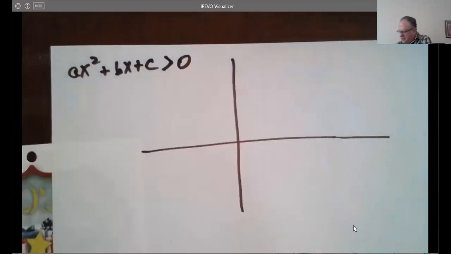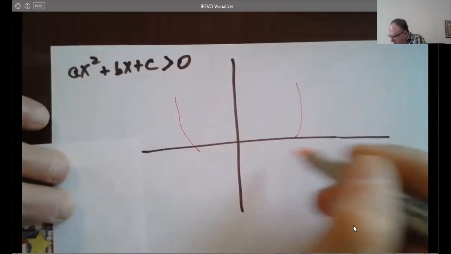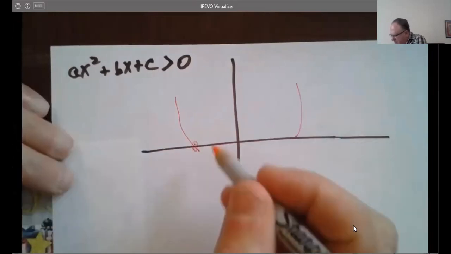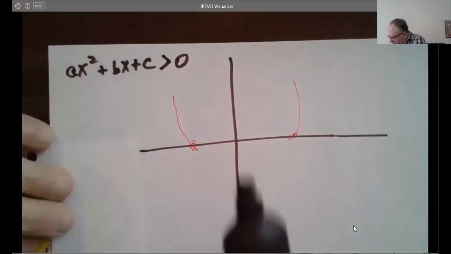Then we're looking at everything that's above, that's positive, or above the x-axis.